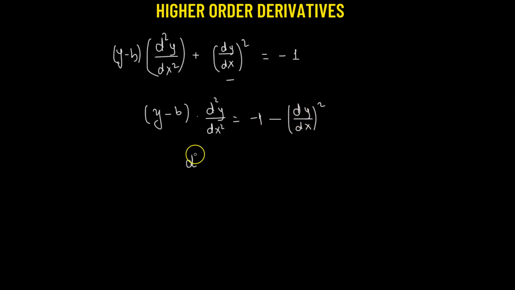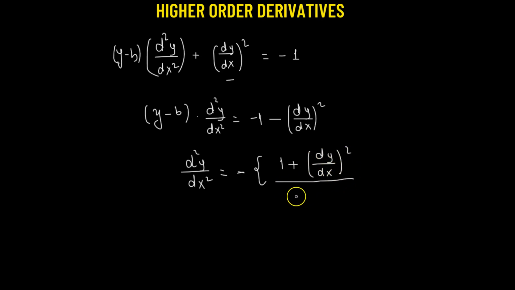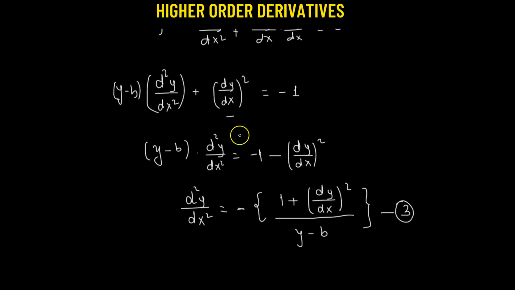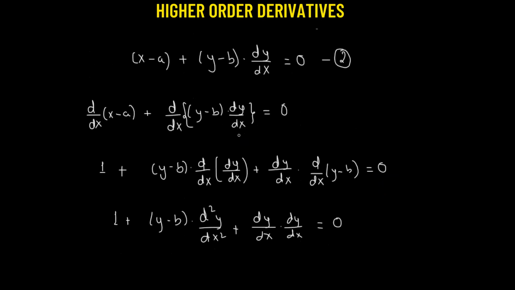So we have the second derivative of y with respect to x equal to, we'll take negative as the common factor, negative (1 plus the derivative of y with respect to x whole squared) divided by (y minus b). Right. So let's label this as equation number 3. We'll come back to this equation in a moment. Now, let's come back to our equation number 2.